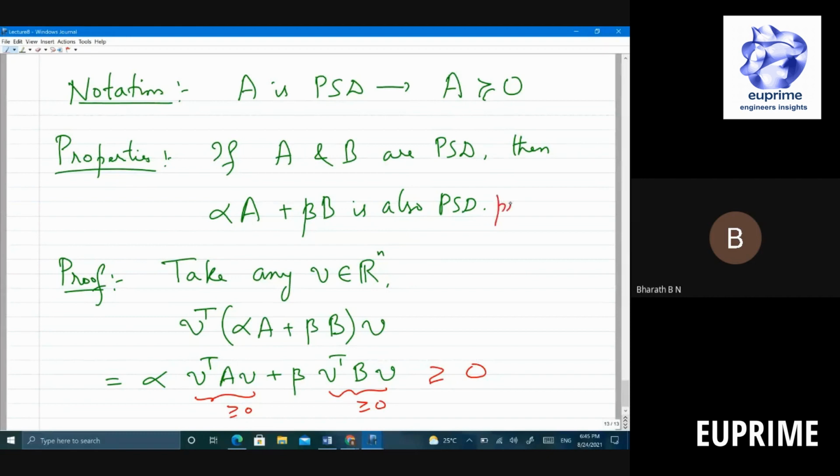Provided alpha and beta are both in R plus, which is basically non-negative numbers. Okay, so it's positive semi-definite. So I can take any non-negative linear combination, and it will always be positive semi-definite. The same is true for negative semi-definite also, it will be less than or equal to, and so on.